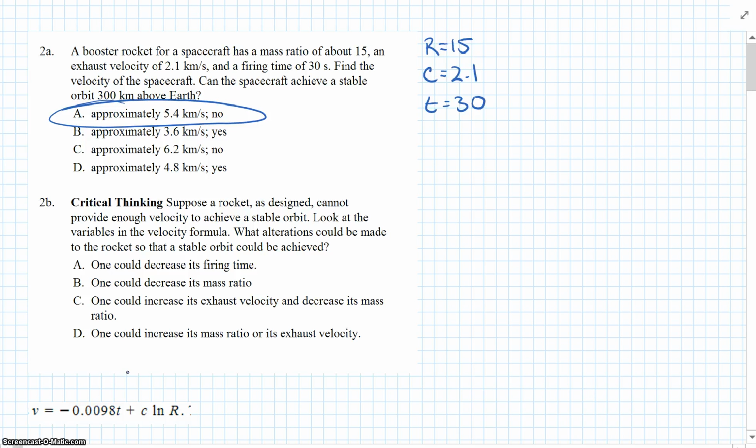Yep, if we made the firing time smaller, that would work. One could increase the mass ratio. One could increase the exhaust velocity and decrease the mass ratio. And one could increase the mass ratio or its exhaust.